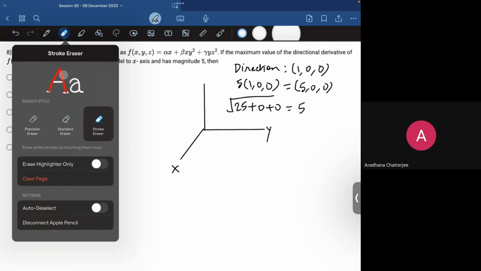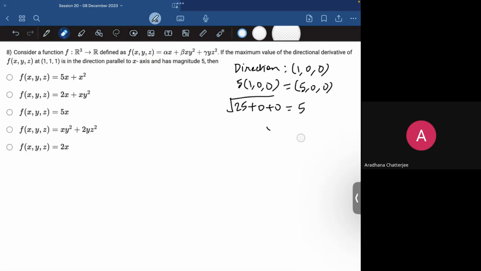Okay. So now the gradient of f of x, y, z is equal to, the first element is going to be the partial derivative of this function with respect to x. Here alpha, beta and gamma are just some constants.